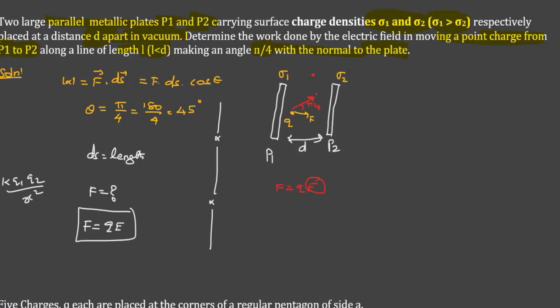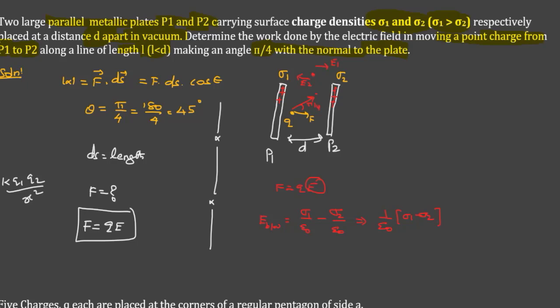Suppose we take a midpoint here. This is positive only, this is also positive only. The direction of field will be this direction E1, and this direction is E2. So net field between the plates is nothing but, as we already know, sigma 1 by epsilon naught minus sigma 2 by epsilon naught.